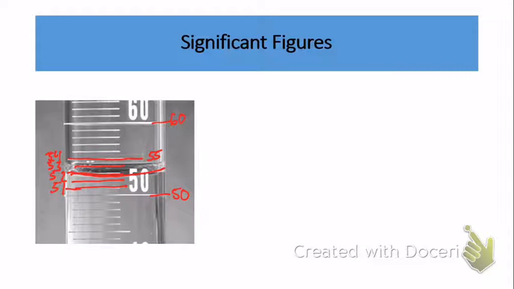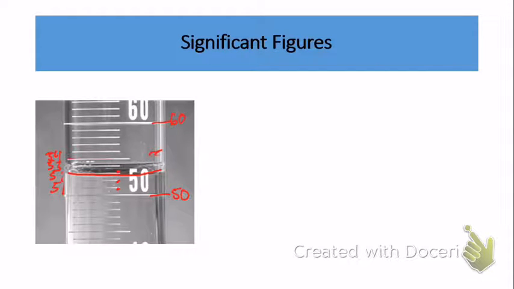So to me, looking at this, well, I'm going to erase this so we can see this a little bit closer. There's the meniscus. So to me, if this is 51, and that's 52, and the next hash mark is 53, right?